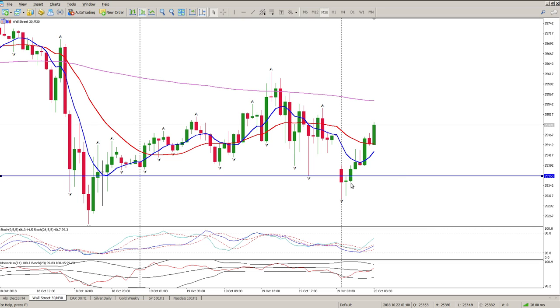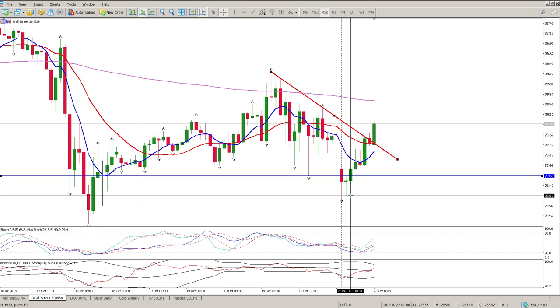So what I would like to see at this stage, we have broken above that trend line as well. So things are pointing to me at the moment to say wait for the European session. There should be some kind of a pullback, and then we're looking to get long.